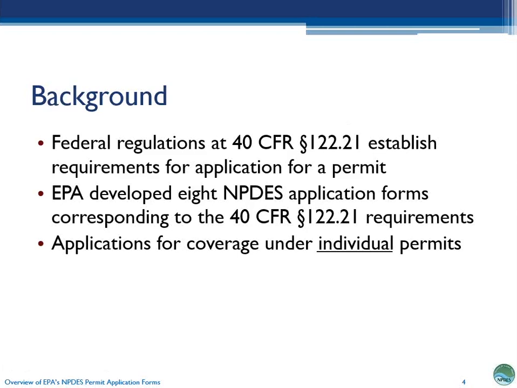And EPA developed 8 permit application forms corresponding to the regulatory requirements in 40 CFR 122.21. The previous versions of the 8 application forms for individual NPDES permits were developed by EPA as the program evolved, and several had not been revised for over 30 years.